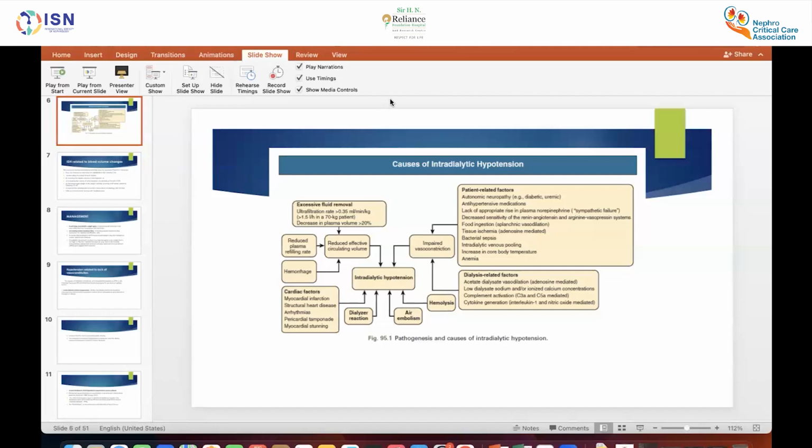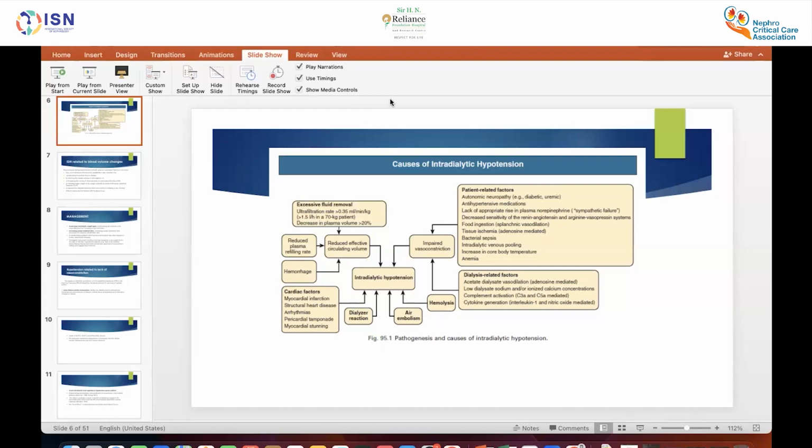Any fluid you are giving will be distributed proportionately accordingly. The intracellular component is 2/3, and 1/3 is the extracellular component. Out of the extracellular component, interstitial will be 2/3 and the intravascular component will be 1/3.